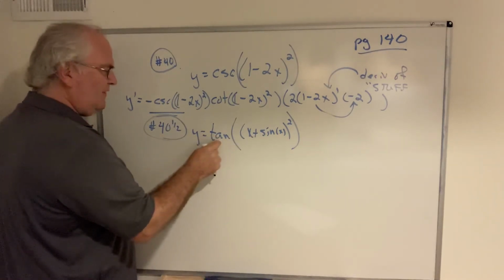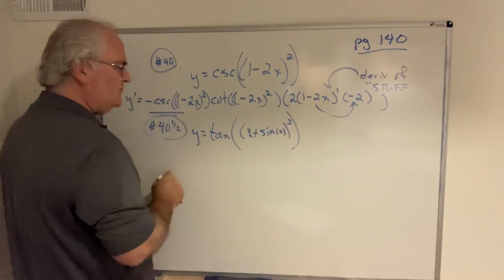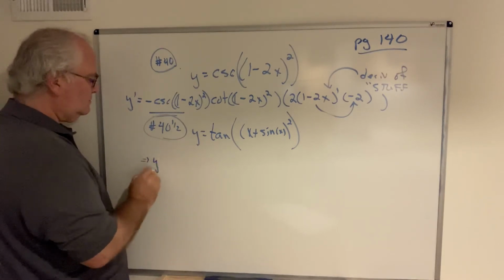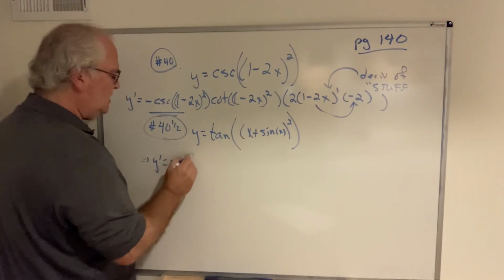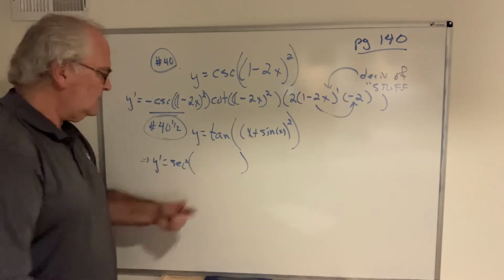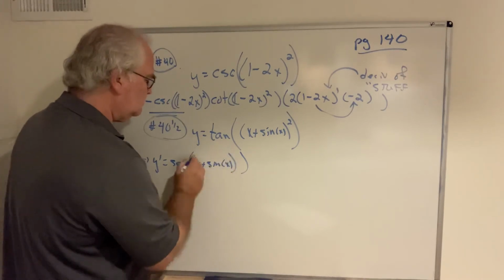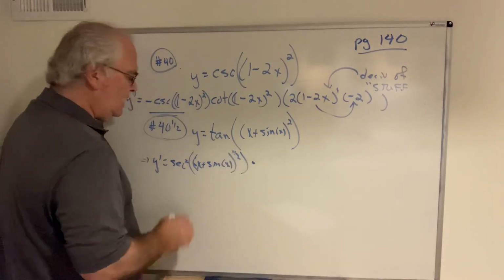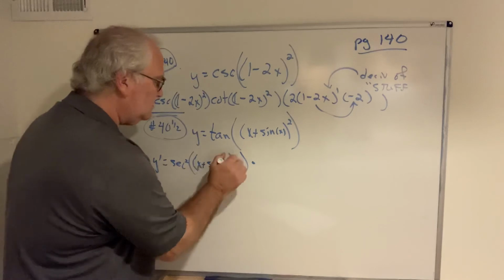We have a tangent on the outside. What's on the inside? On the inside, we have 2 on the outside and this on the inside. So this is going to be a couple chain rules. The derivative of tangent of stuff is secant squared of the stuff. Copy, paste. And then you multiply by the derivative of whatever you copied and pasted. This is 2.